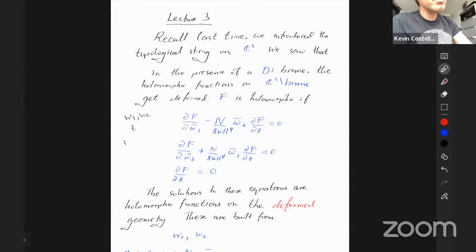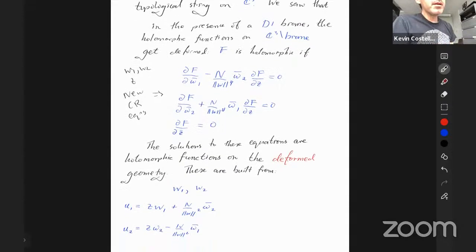And here, the new Cauchy-Riemann equations are these equations, which tell us what it means to be a holomorphic function in the deformed geometry. Let's solve these equations, and then we'll find that the deformed geometry is AdS3 times S3.